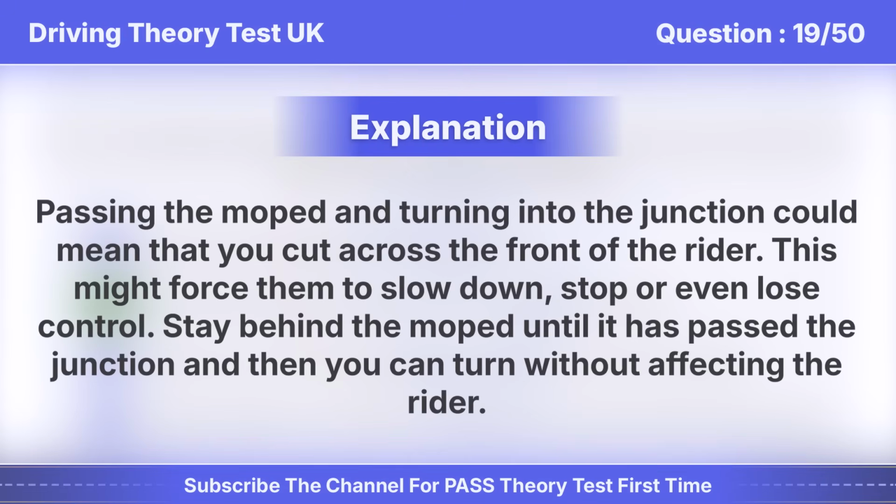Passing the moped and turning into the junction could mean that you cut across the front of the rider. This might force them to slow down, stop, or even lose control. Stay behind the moped until it has passed the junction and then you can turn without affecting the rider.